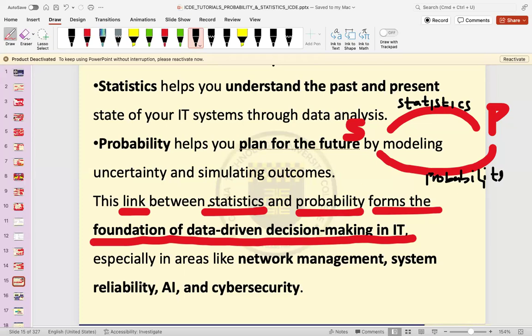So watch it, the link between probability and statistics forms the foundation of data-driven decision making in IT.